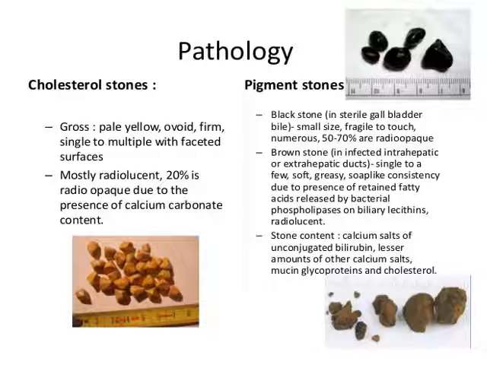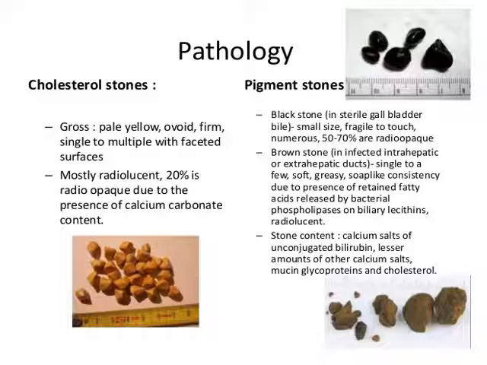Pigment stone, it may be black stone, it may be brown stone. Black stone, small size, fragile to touch, numerous in number, 50 to 70% are radio opaque. Brown stone, single to few, soft, greasy, soap-like consistency due to presence of retained fatty acid released by the bacterial phospholipase on biliary lecithins.